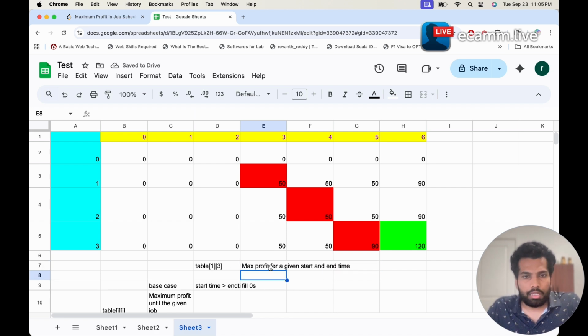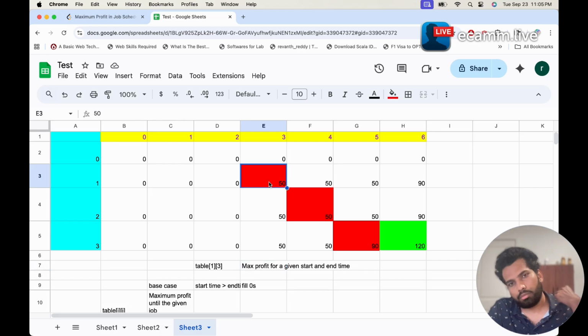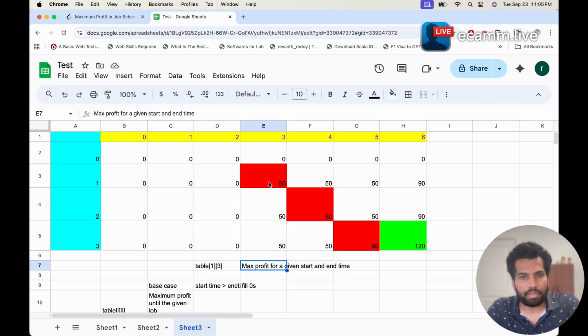That is what each cell value represents. So all the base cases would be 0, because there is no job with start time 0, and same thing with the others. Fill in the zeros that satisfy this condition.